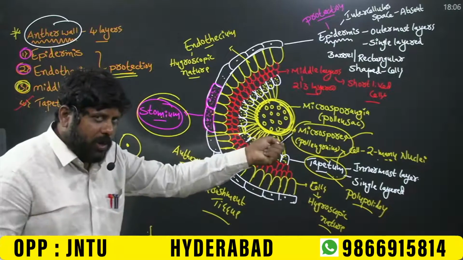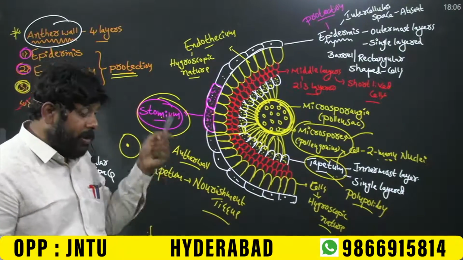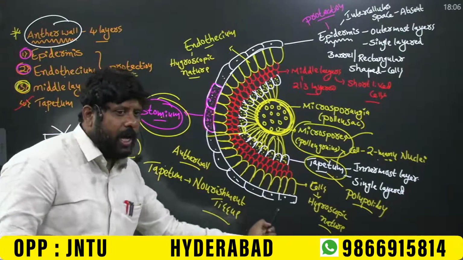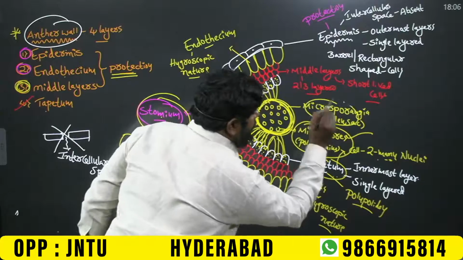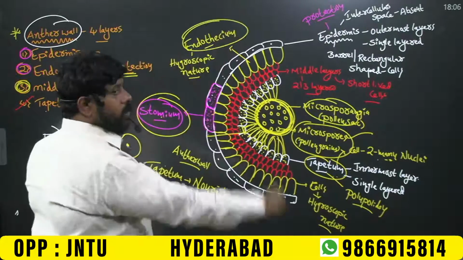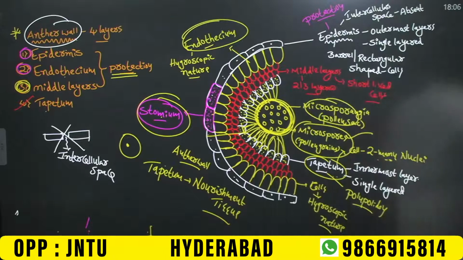Where does microsporangia dehiscence take place? At the region of stomium. Where is the stomium located? It is present in the epidermis. And for the dehiscence of microsporangia, endothecium is required to help. What is the function of endothecium? Protection is common, and at the same time this endothecium provides help in the dehiscence of microsporangia.